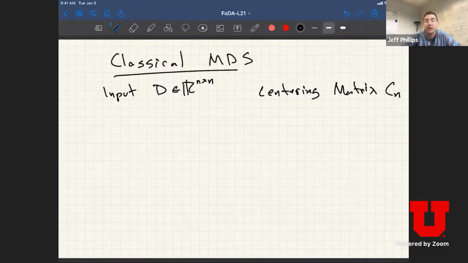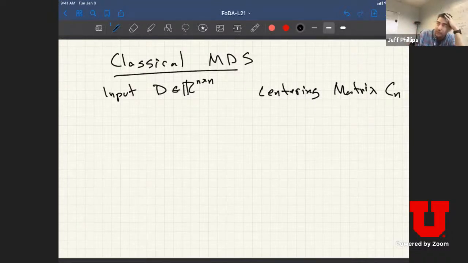Remember, if we apply this onto a high-dimensional data set, it will move it so that all the coordinates are centered at 0. But we don't have that data set. We only have the distances.